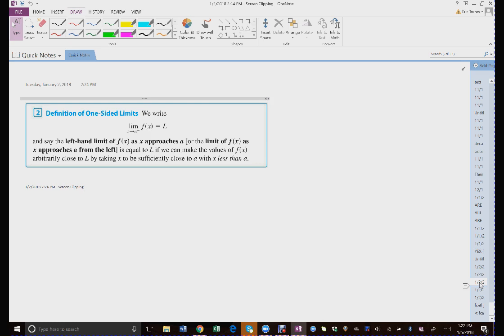So if you take a quick read on this, we write the limit of f of x as x approaches a, and see that negative sign? That means from the left. So I can have from the left, I can also have approach a from the right.